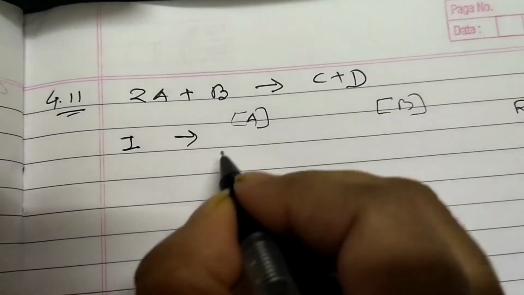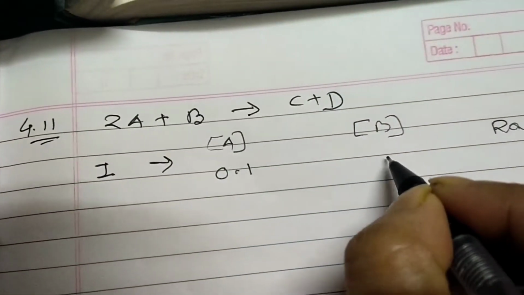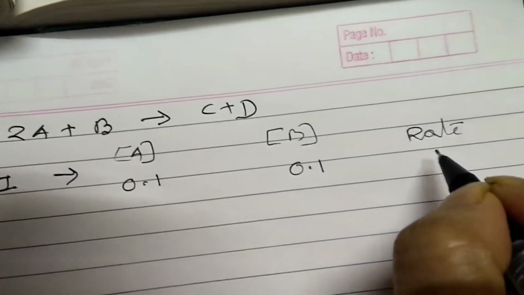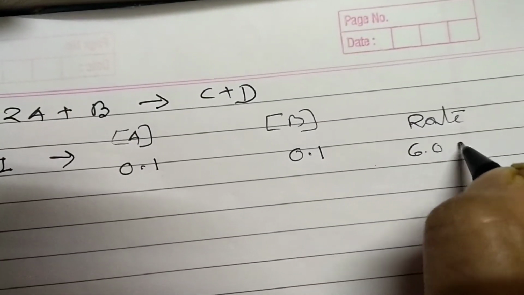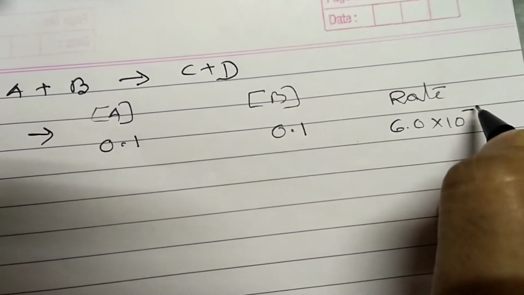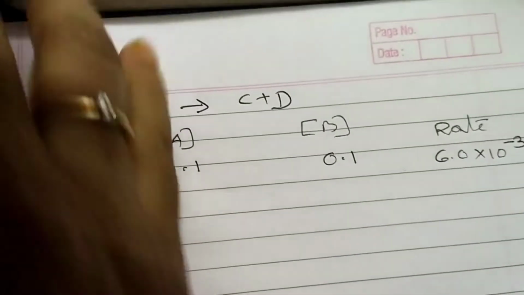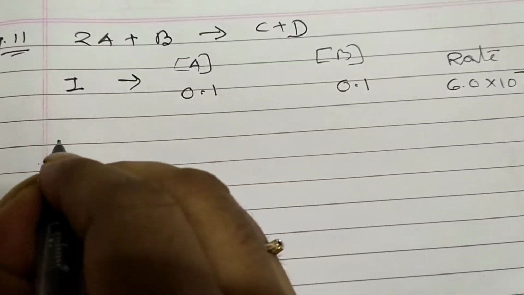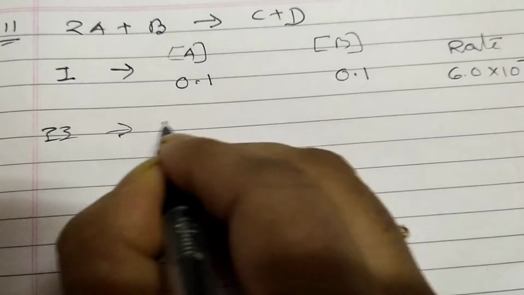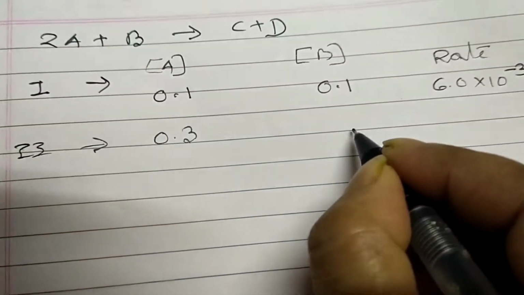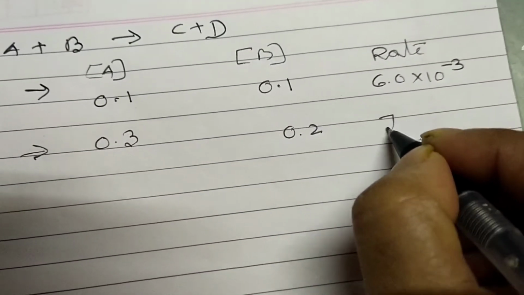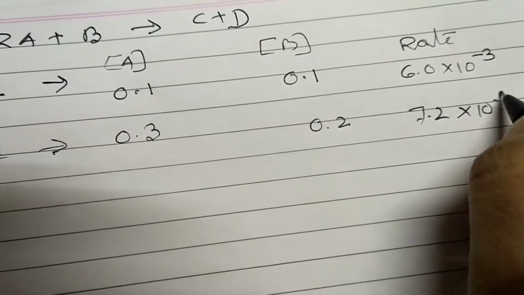Now it is 0.1, this is 0.1, and this one is 6.0 into 10 to the power minus 3. Next, for the second experiment, we have 0.3, 0.2 and 7.2 into 10 to the power minus 2.